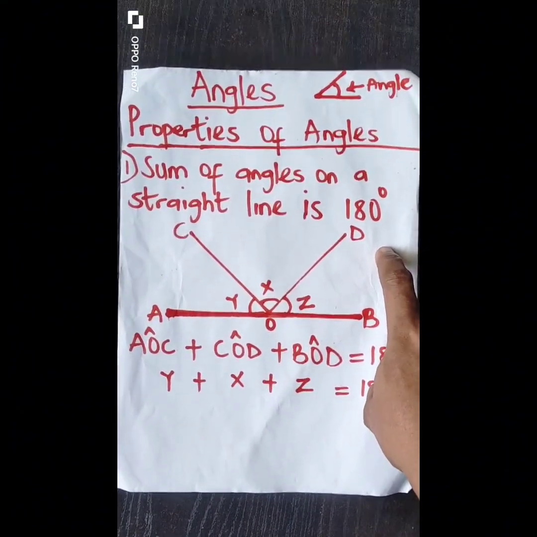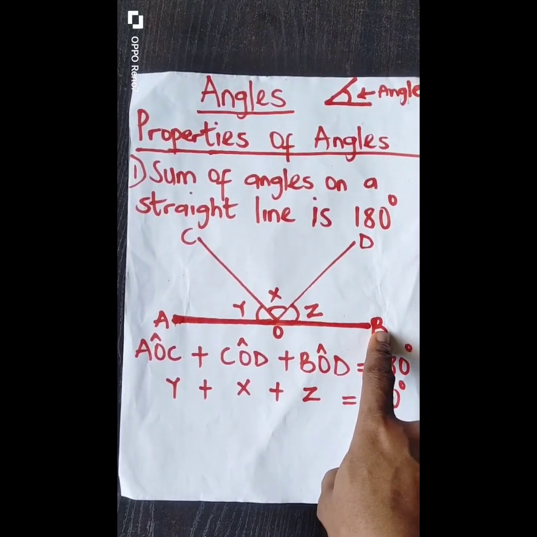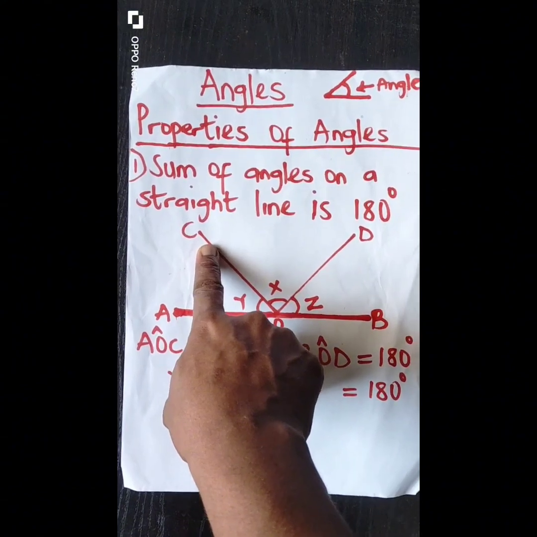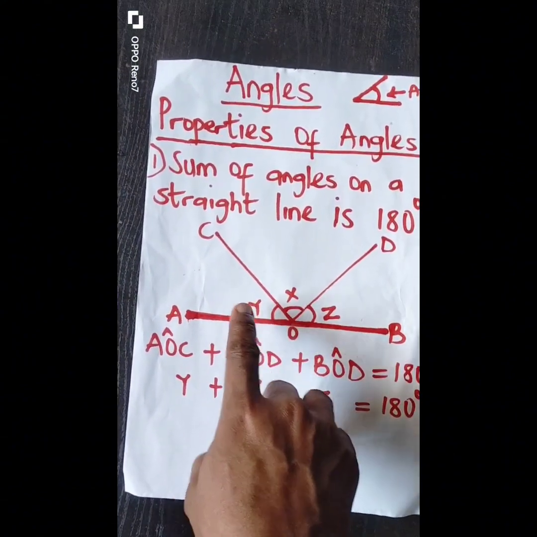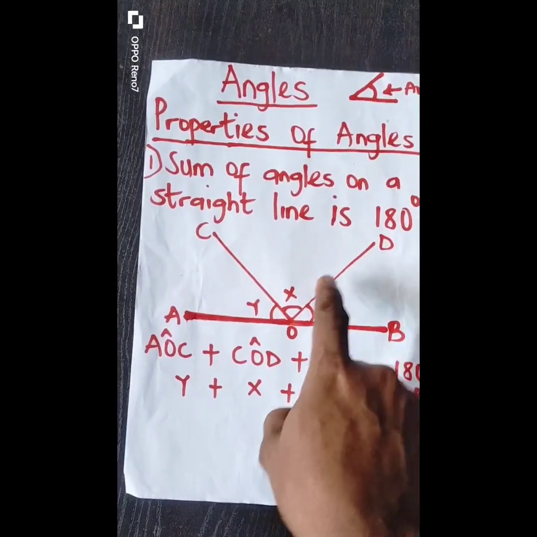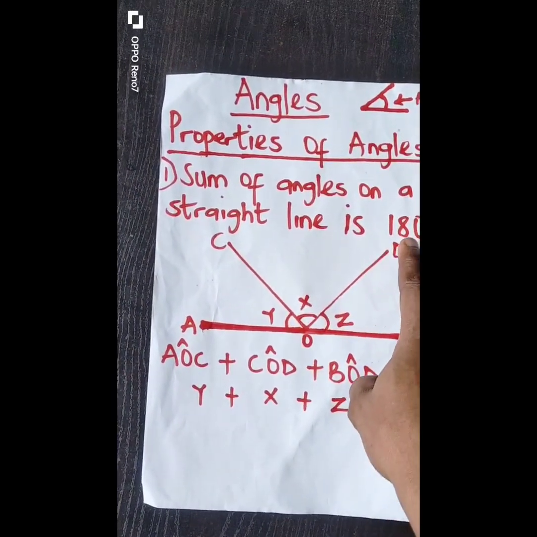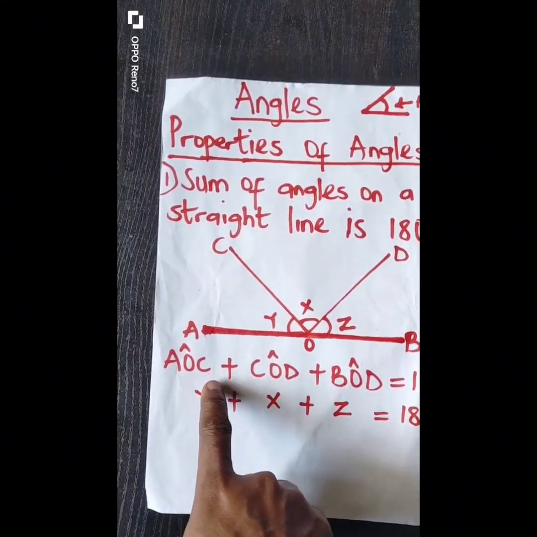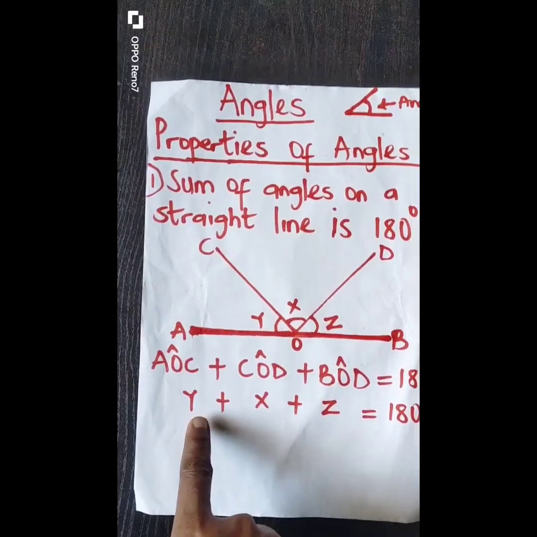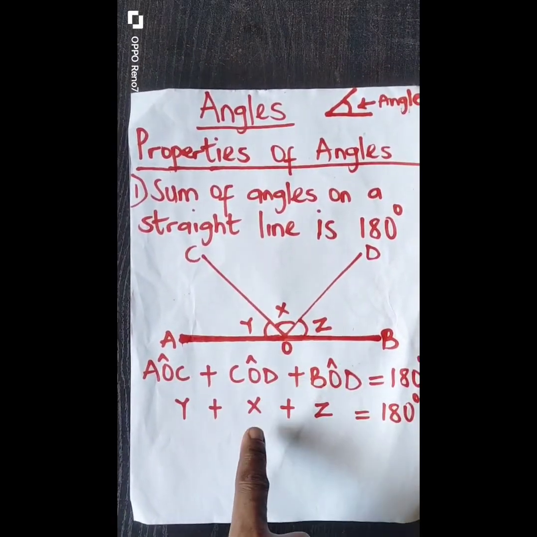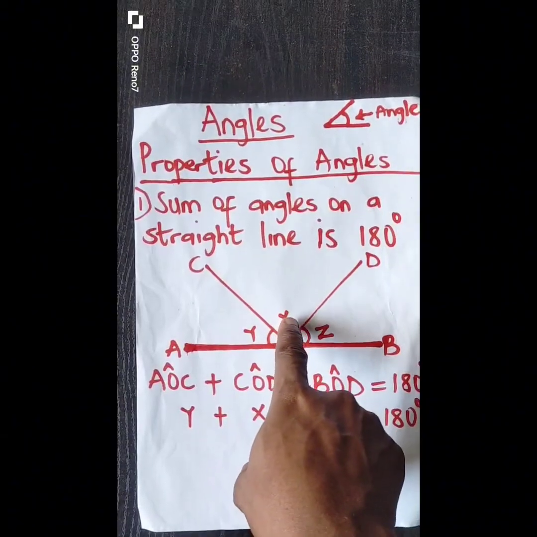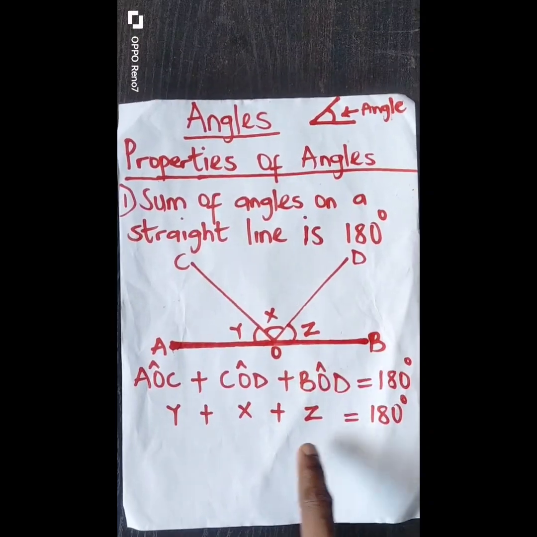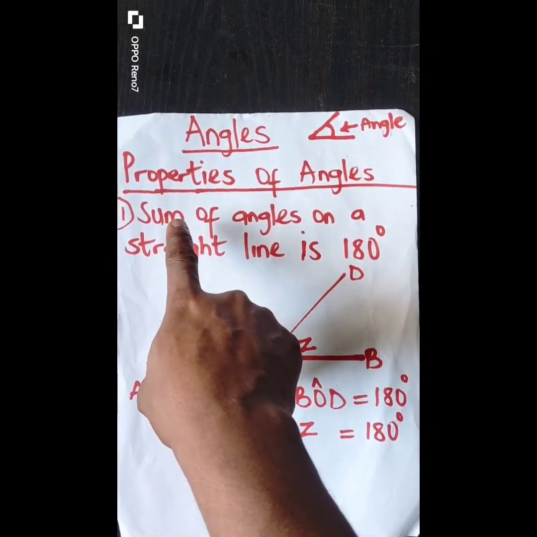Now looking at this diagram, we have AOB to be a straight line. Then we have AOC forming an angle Y, and we have COD forming an angle X, and we also have DOB forming an angle Z. So AOC is the same thing as Y, COD is the same thing as X, and BOD is the same thing as Z. If you add everything together, that is the sum of angles.